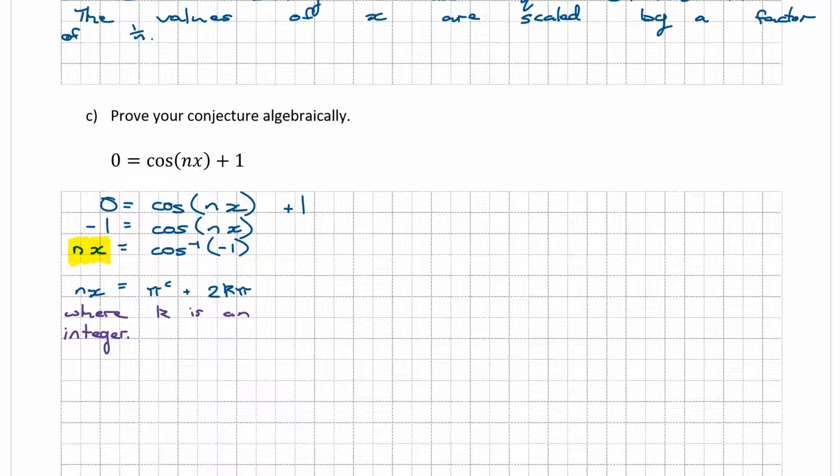Now remember, we're solving for x in this case, so we're going to go x equals and divide everything through by n. And what we'll find is that it becomes 1 over n times pi plus 2k pi. So our general solution for a model like this is x equals 1 over n times pi plus 2k pi.